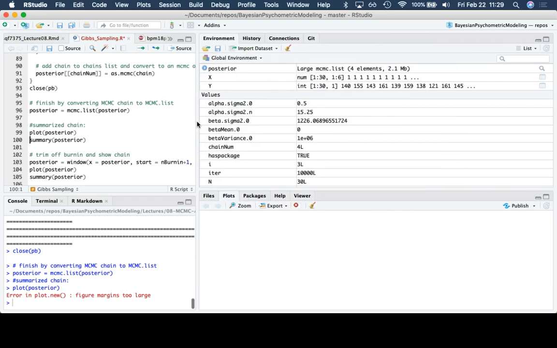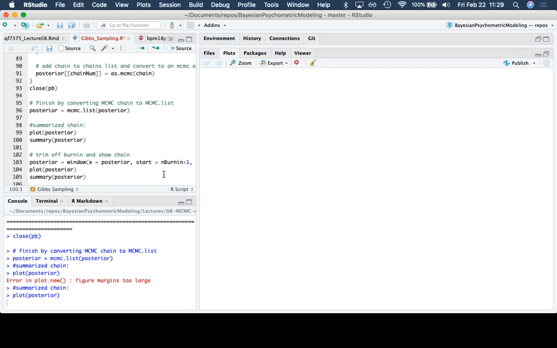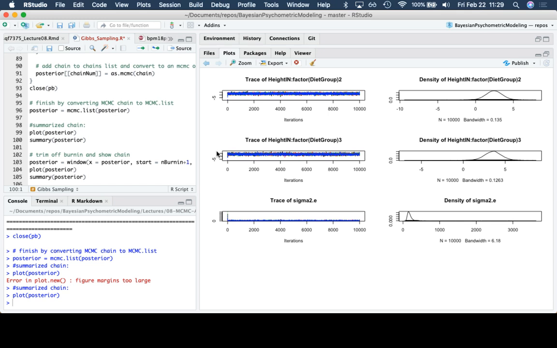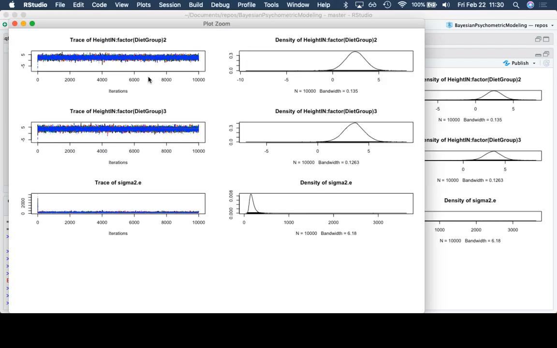Oh, that's right, I'm in base R. Here's a plot of our posterior values. This includes all the values that we would have. There we go, it's a little bit easier to see. You'll note where we started.